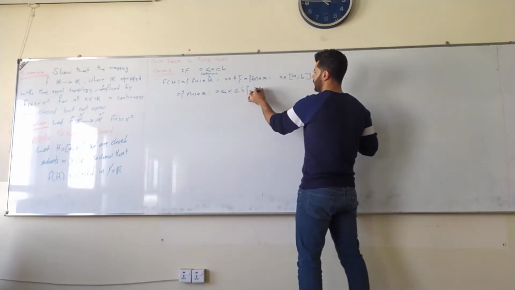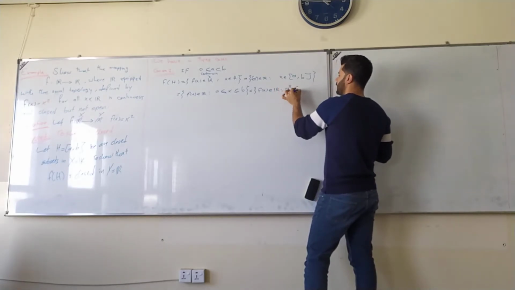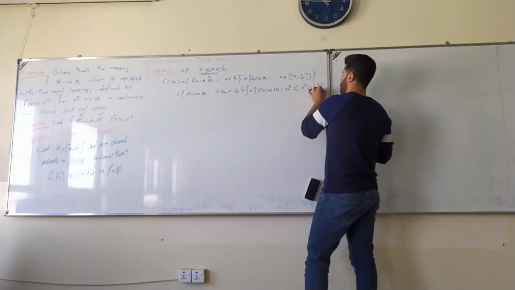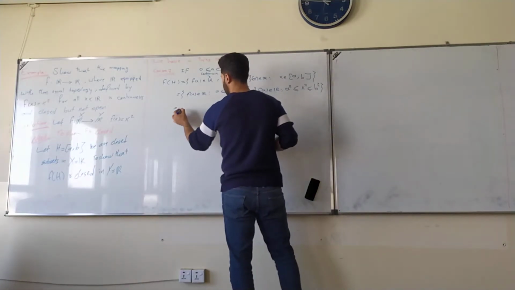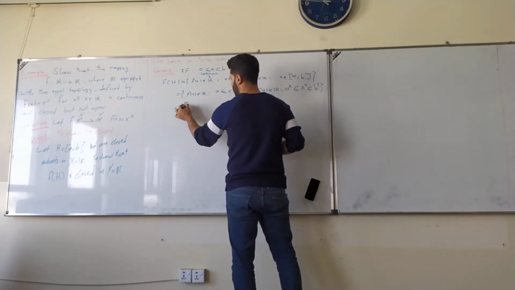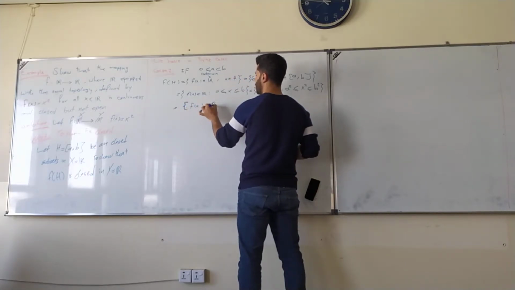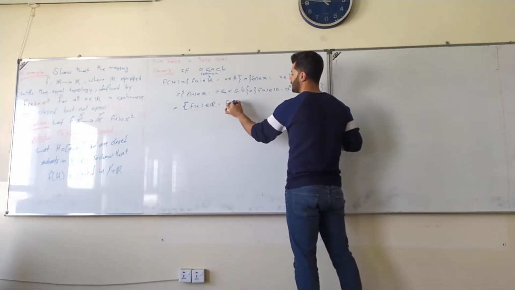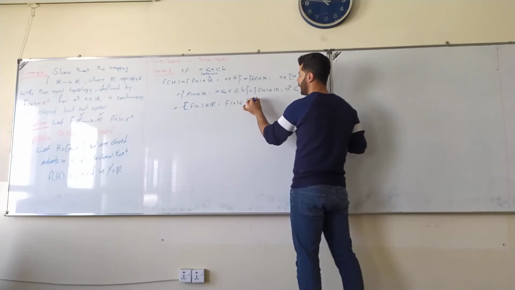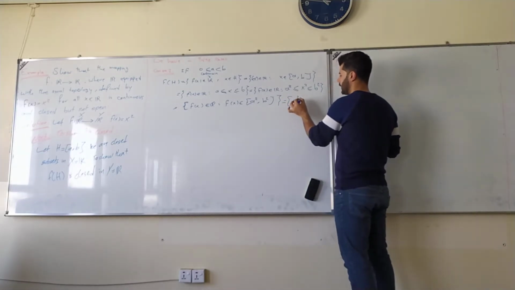So A squared is less than or equal to x squared, which is less than or equal to B squared. Since x squared is f of x, it gives us A squared and B squared.